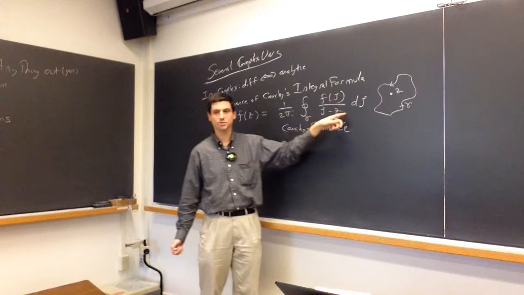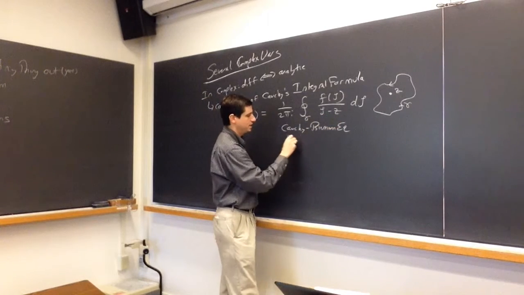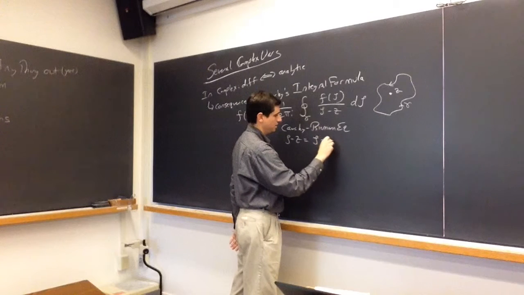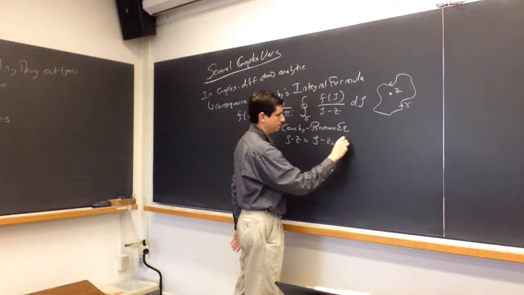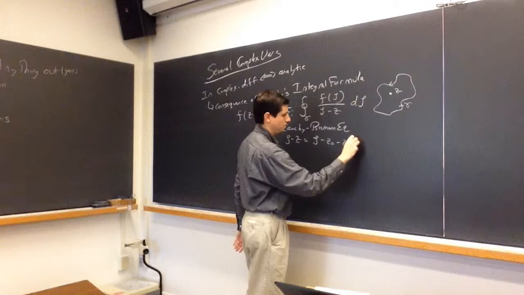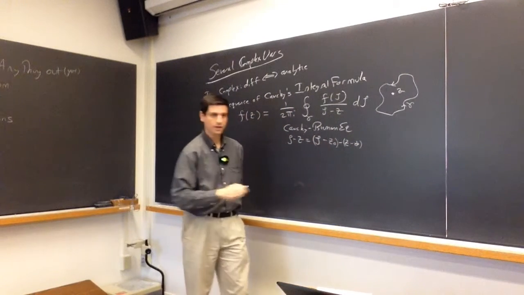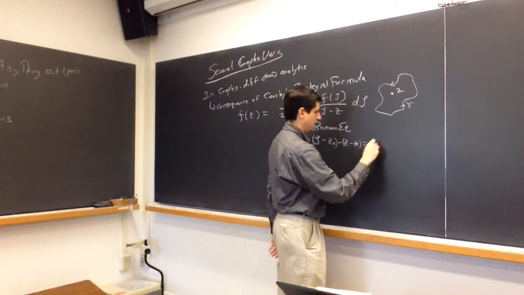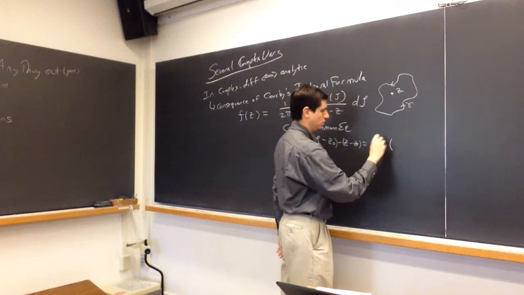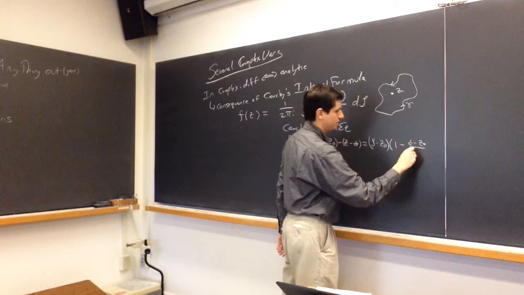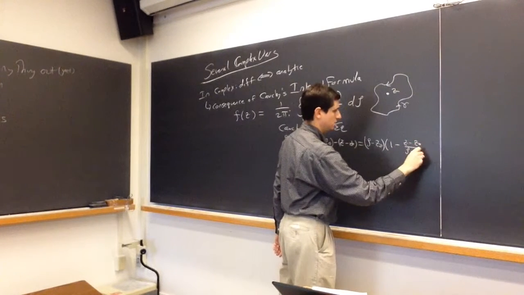If we want to expand it about some other point, we can write zeta minus z as zeta minus z naught minus z minus z naught. Right? And then we can pull out a zeta minus z naught, 1 minus z minus z naught over zeta minus z naught.